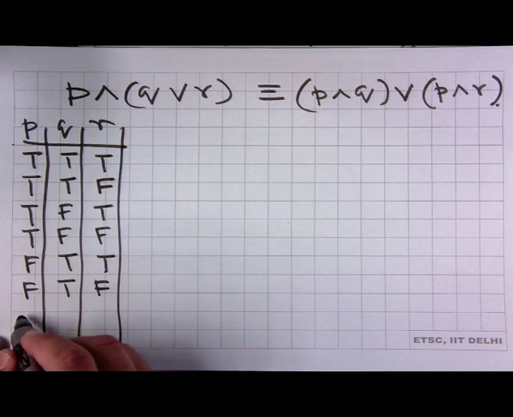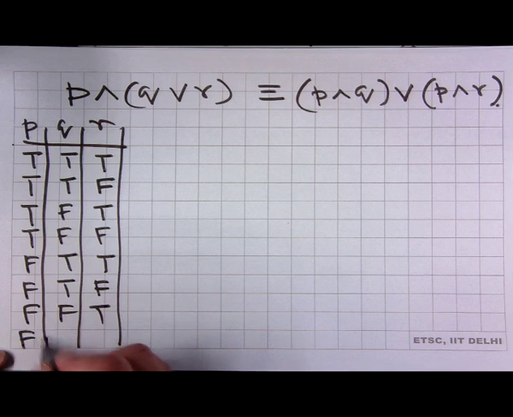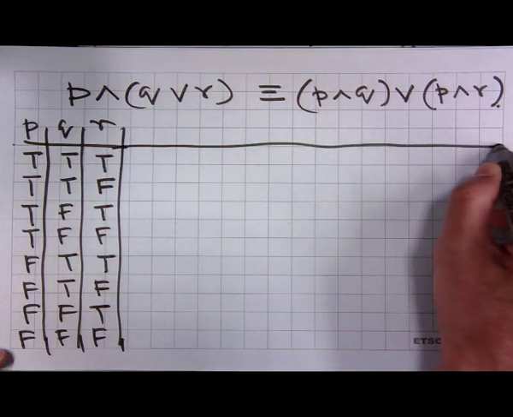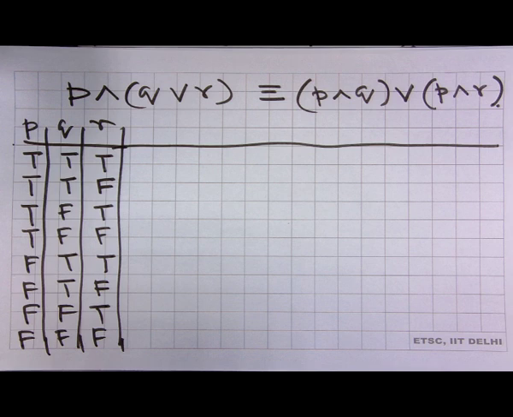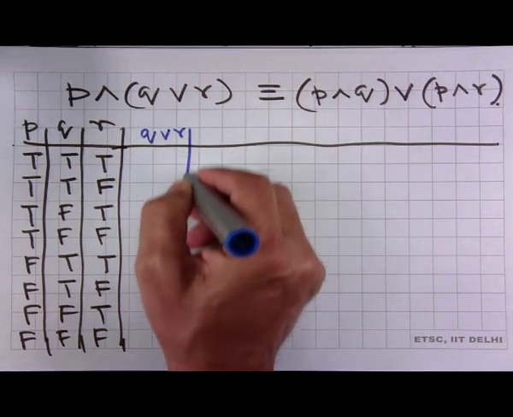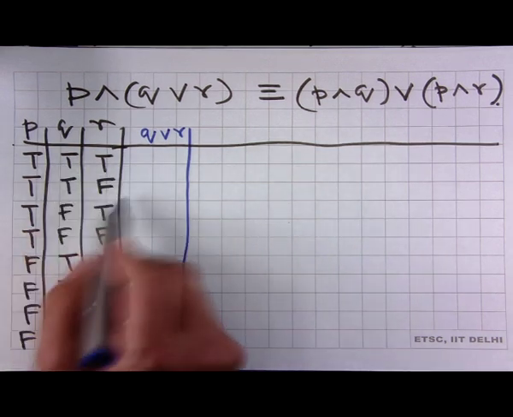And finally, FFT and FFF. So, what is Q or R? We are now ordering between these two columns.